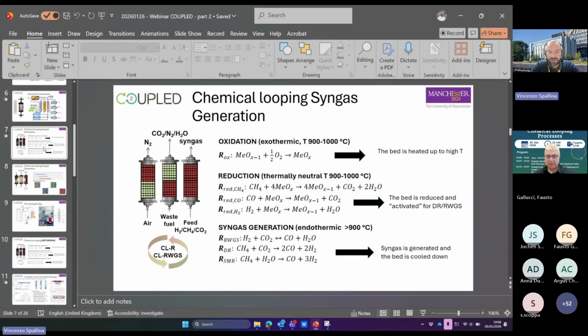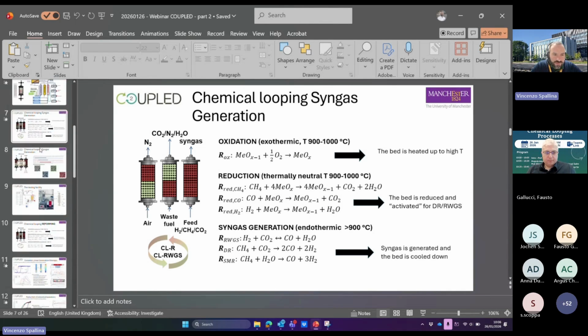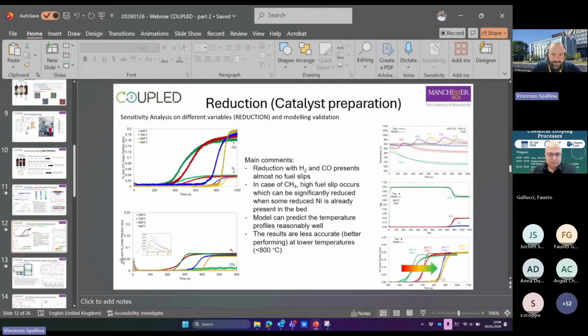Yes, for the reverse water gas shift you can do that. As a matter of fact, one of the options is to have the system as a standalone reverse water gas shift plant, so you don't need the waste gases. On the other hand, when you have biogas, as I was showing before, it's very important to make sure that if you use methane for the reduction, you will have this fuel slip at the beginning. That's an energy loss, and this is also an energy cost that has to be considered.